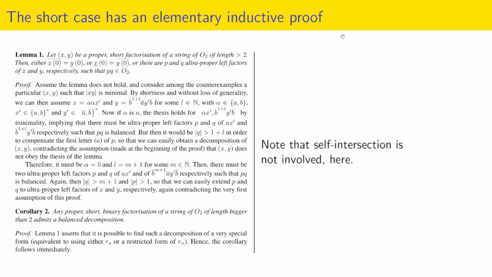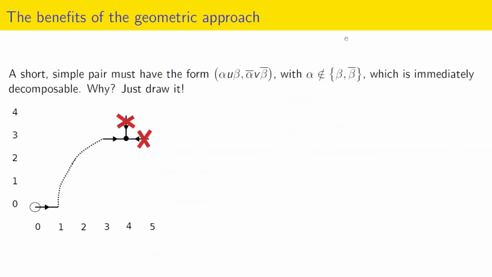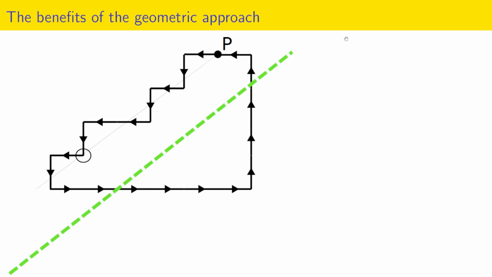this lemma is from the new proof, so I wrote it, and I reproduce it just to show the kind of reasoning I have, so there is no geometry really. If you remember, in the previous slide we saw the short and simple case, where we were talking about how to geometrically solve it.